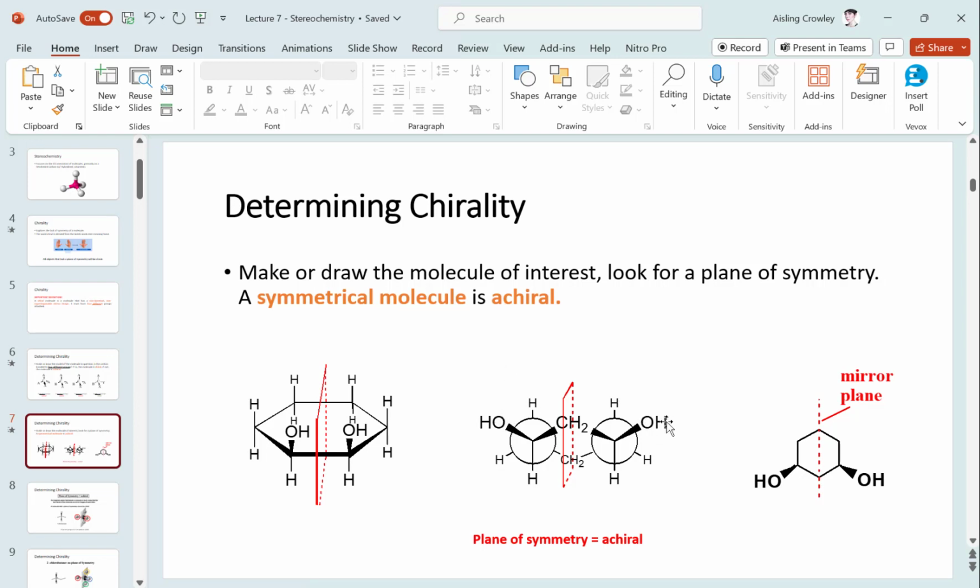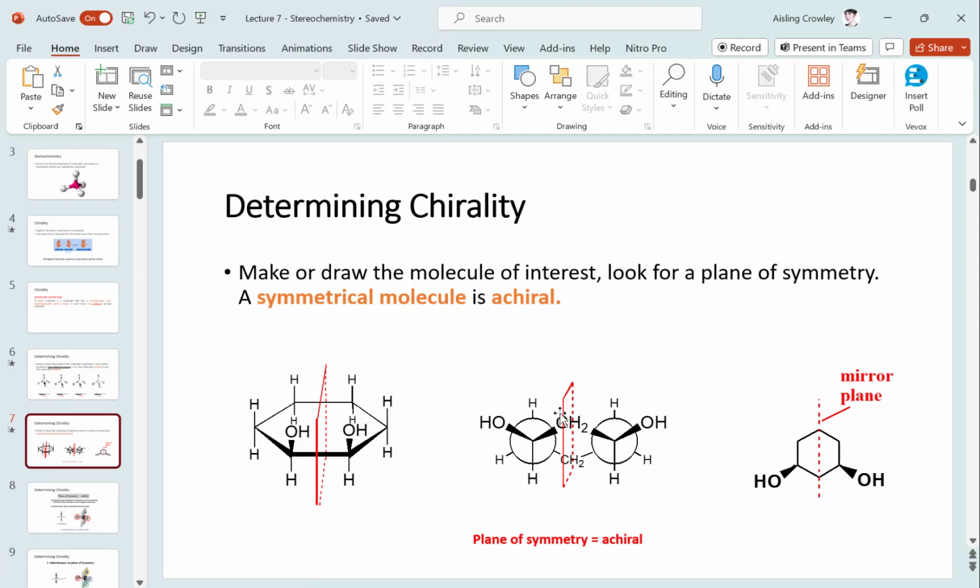That OH is going to overlap on that OH, that hydrogen is going to overlap on that hydrogen perfectly. And it is symmetrical and it is achiral. Okay, so there's no carbon within that structure that has 4 entirely different groups. And the same here, we can fold the left side over to the right side, making them perfectly symmetrical, mirror images, therefore they are achiral.